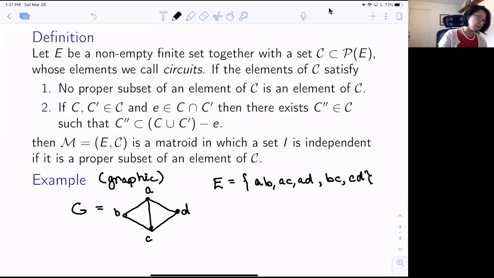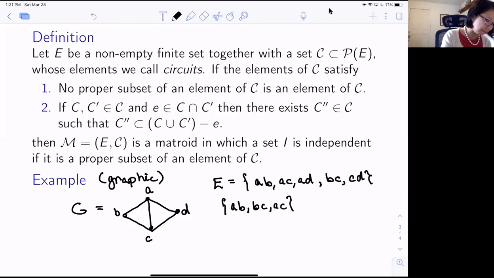So what are the circuits of this matroid? Here's the one thing to remember: the circuits of a graphic matroid are the cycles. For example, one circuit is the set AB, BC, AC.